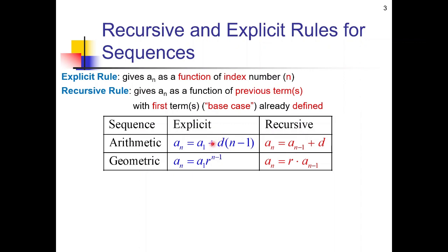Like if I want to know the 1,000th term of some arithmetic or geometric series, I can just plug 1,000 in for n with whatever else is already there, and I'm there, just like that. With a recursive rule, if you want to know the 1,000th term, well, you need to first know the 999th term. And to know that, you need to first know the 998th term, and all the way back down to a sub 1. So that could take a while for a human, although computers can kind of do that in the blink of an eye.